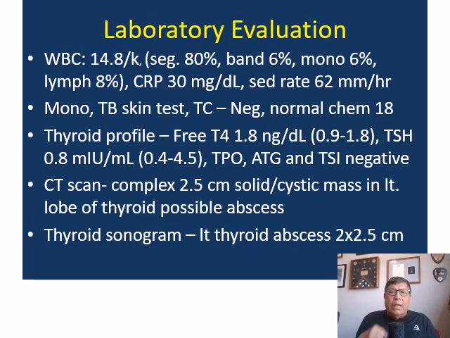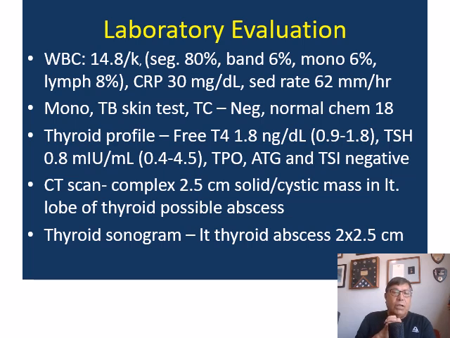The following lab evaluation was done, and it shows her WBC count was high, 14.8, with a differential of neutrophils about 80%, bands about 6%, monocytes 6%, lymphocytes 8%. Her C-reactive protein was 30 milligrams, which is elevated. Her sed rate was 62 millimeters per hour, which is also elevated.